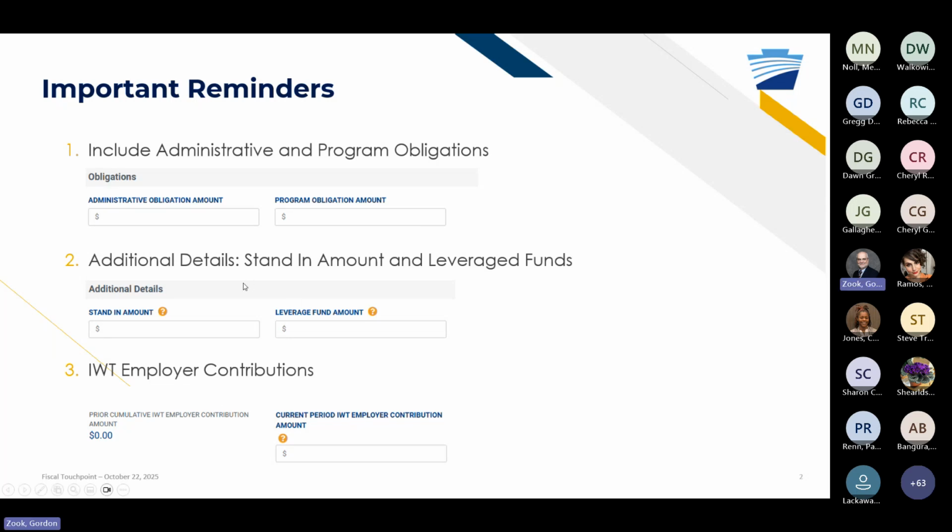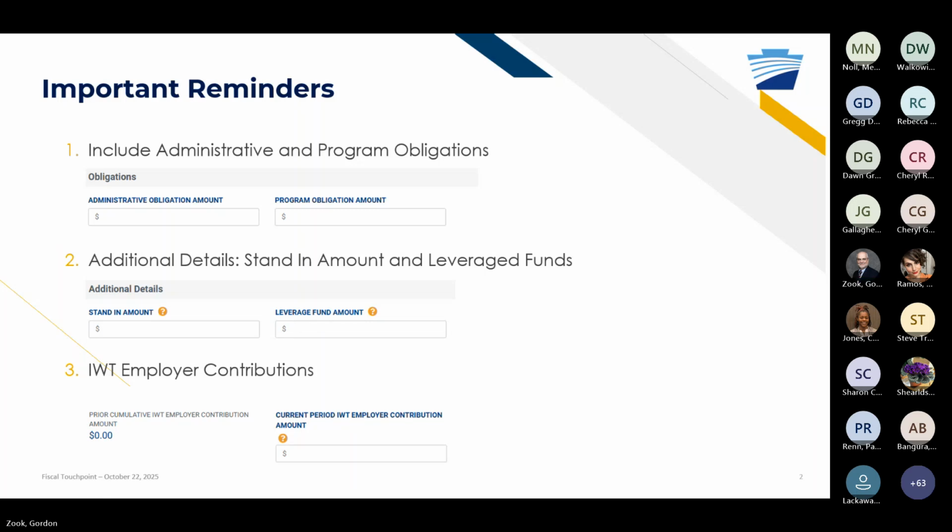You do have some optional areas, such as stand-in amounts, which are costs paid from non-federal sources that are proposed to be substituted for any federal costs that would be disallowed as a result of an audit or other review. Typically, there's no information included in either of these boxes, but it's there for you if they're relevant.